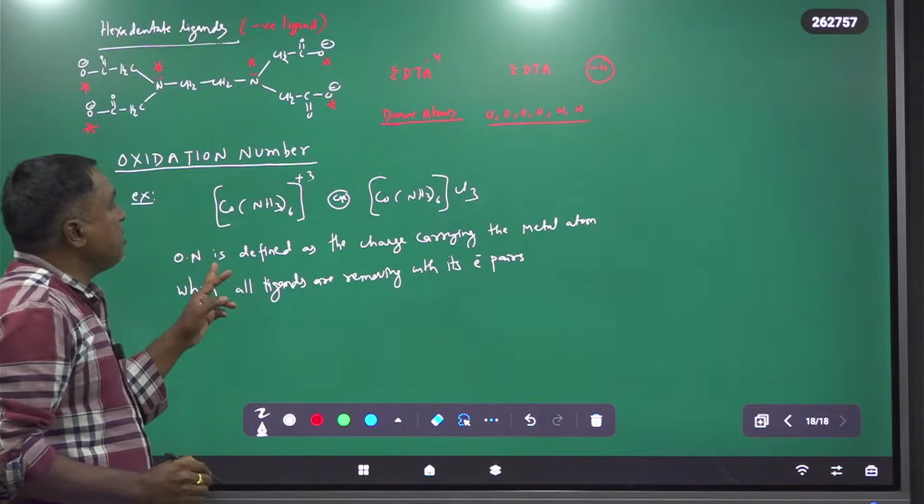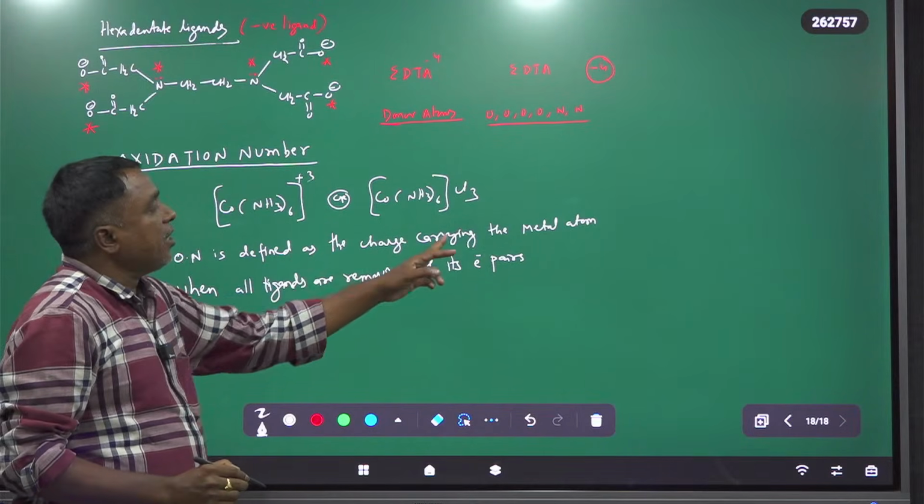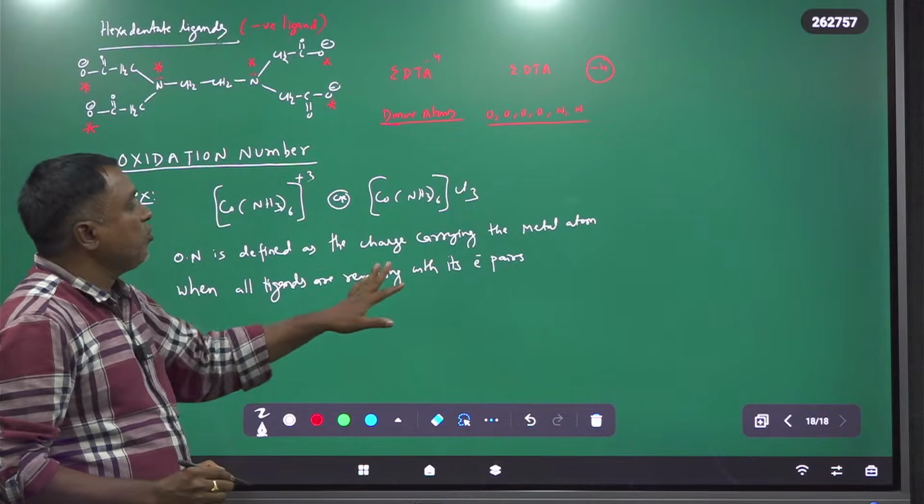So oxidation number is the charge carried by the metal atom when all ligands are removed with their electron pairs.